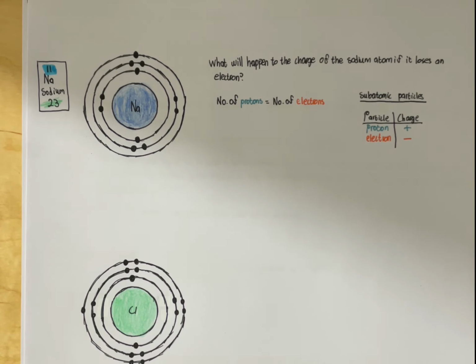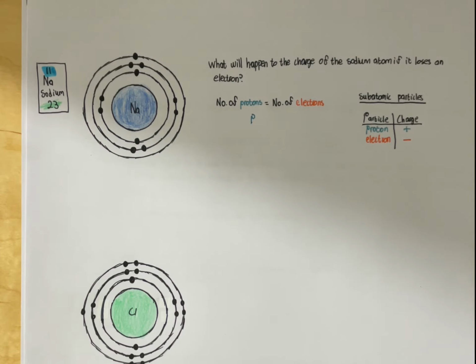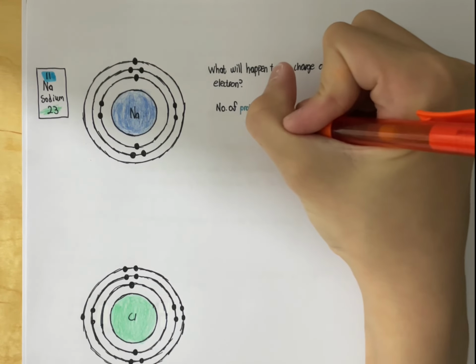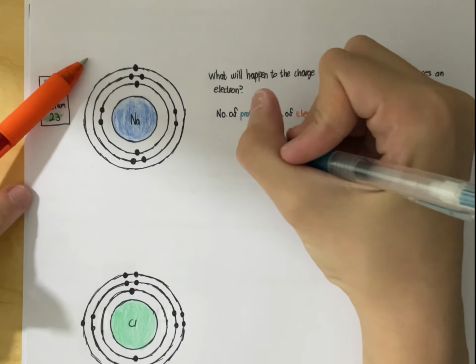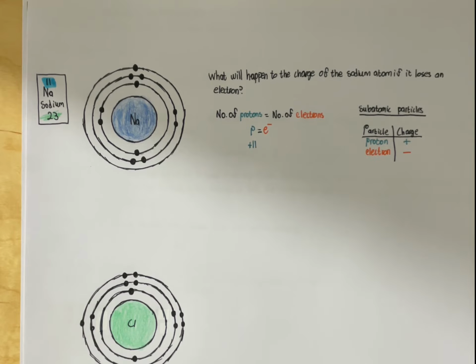As the number of protons is equal to the number of electrons, we can come up with this equation: P is equal to E. Ignore the minus sign, that's how they represent electrons in chemistry. What's the total charge of the protons? Well, it's just gonna be plus 11.